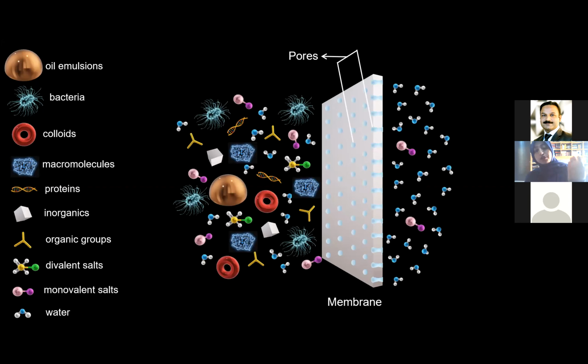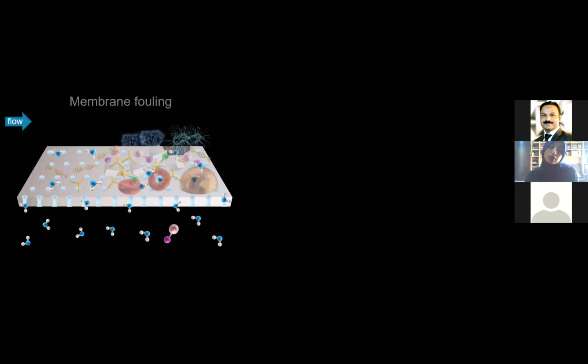But as every technology comes with its own challenges, the problem in this case was the deposition of these pollutants, which we also know as foulants, on top of these membranes, which reduces the amount of the fresh or treated water.